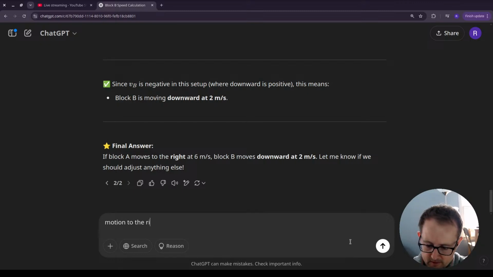Motion to the right for block A decreases the value of XA.